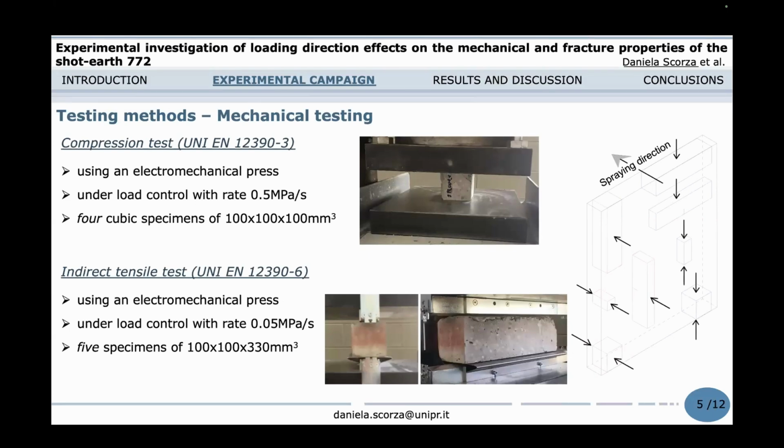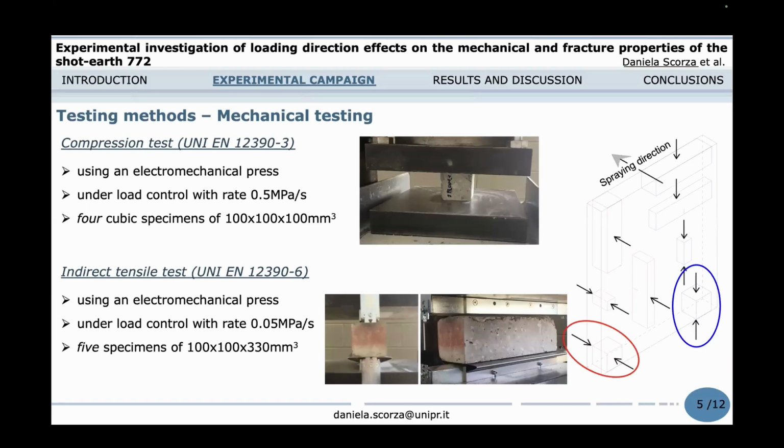Regarding the compression tests, they are carried out according to the European recommendation at the testing laboratory of the University of Parma in Italy, under load control and by using an electromechanical press. 4 cubic specimens of nominal size 100 millimeters per side are tested for each loading direction.